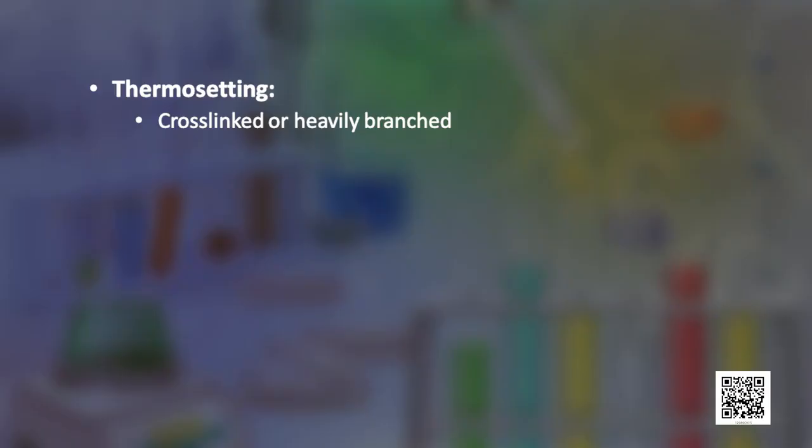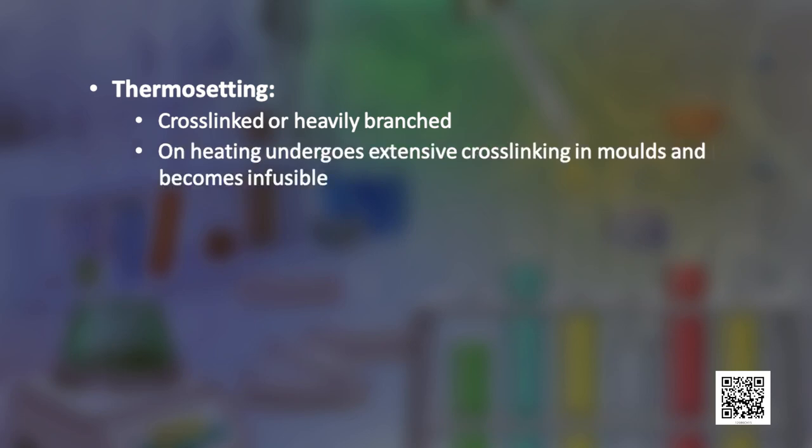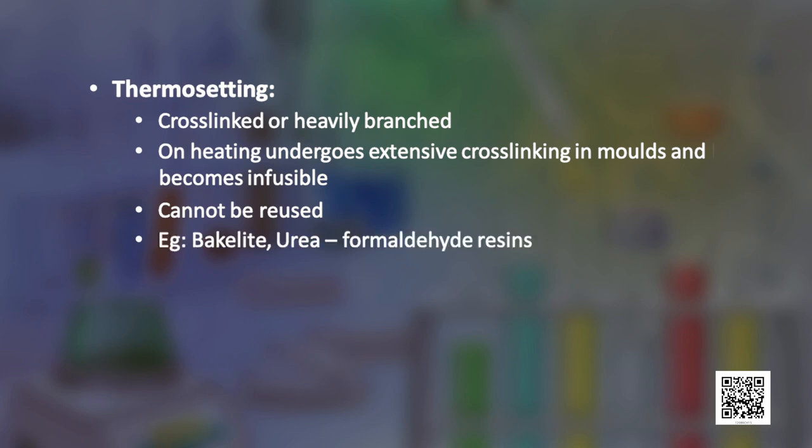The fourth subcategory is thermosetting polymers. These polymers are cross-linked or heavily branched molecules which on heating undergo extensive cross-linking in molds and become infusible and thus cannot be reused. Some common examples are bakelite and urea formaldehyde resins.